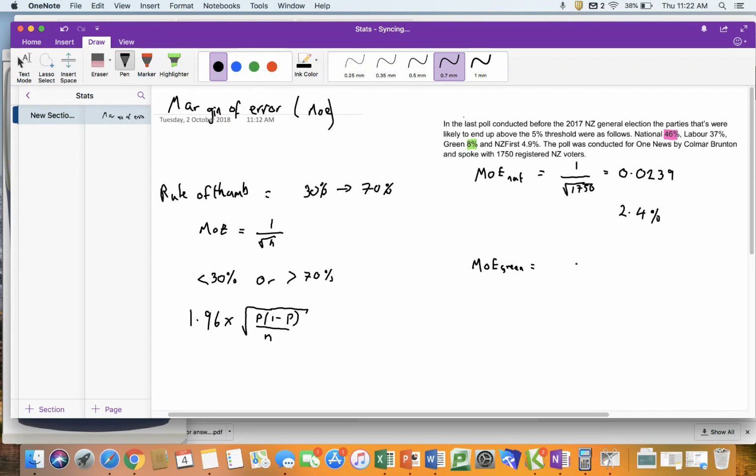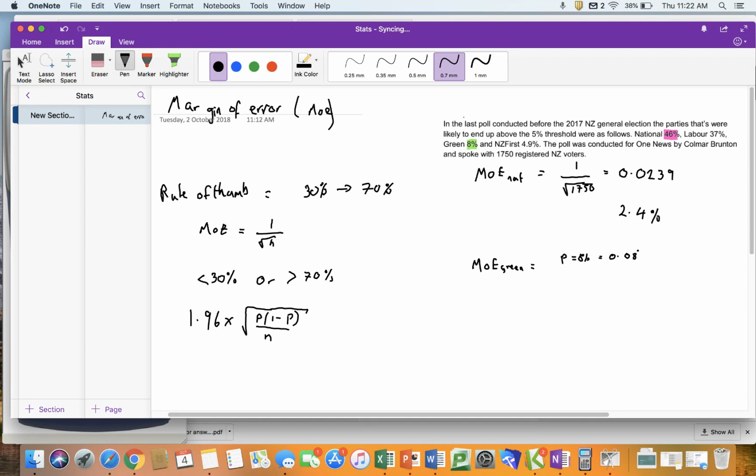So their proportion is 8%, which is 0.08. So I've got to be able to convert from decimals to percentages and back again really easily in this.